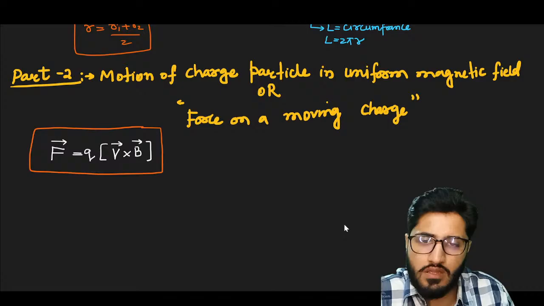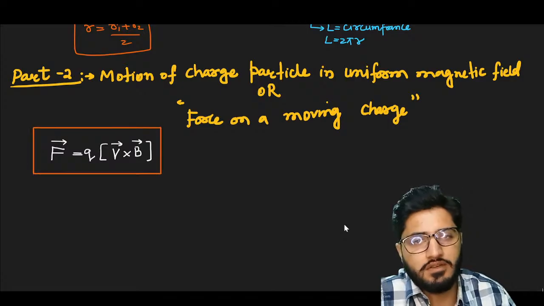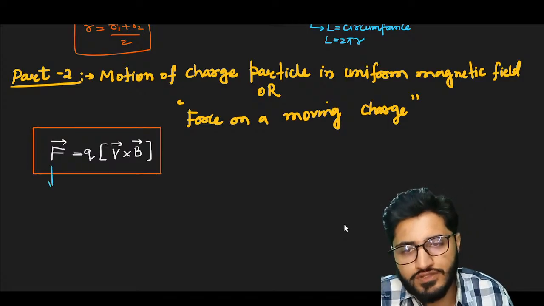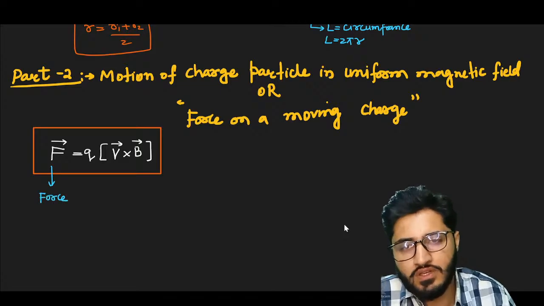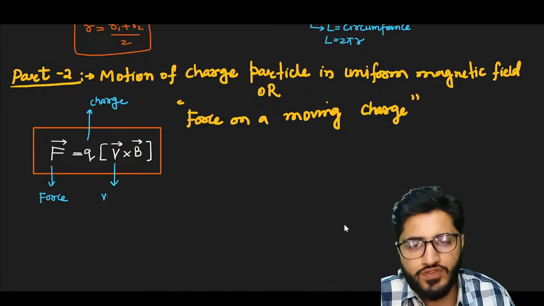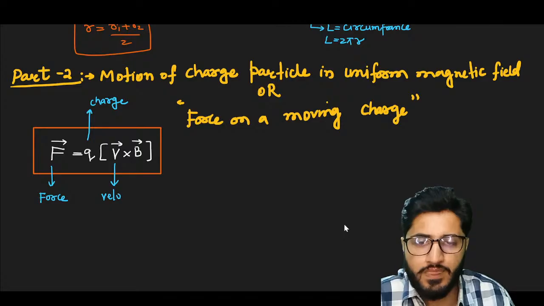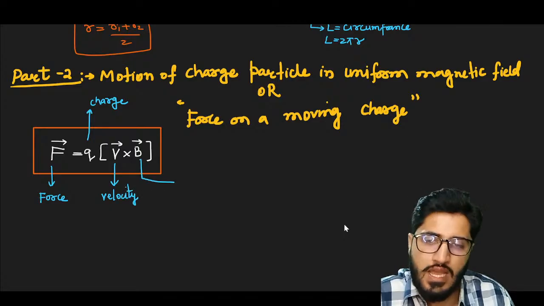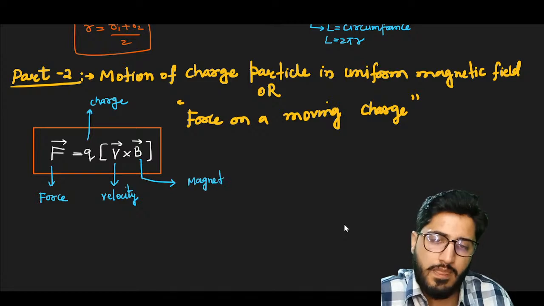It is in vector form. So F is force, Q means charge, V means velocity, and this B means magnetic field.